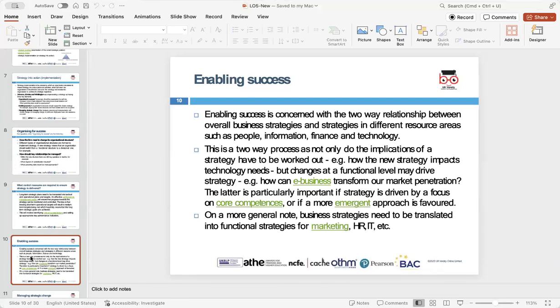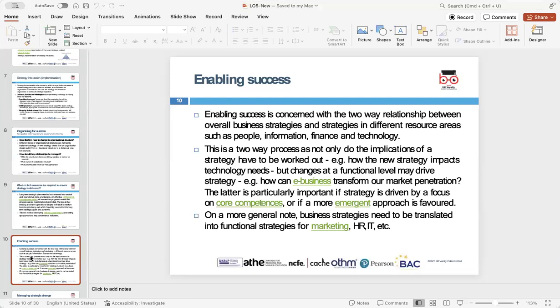At the same time, changes at a functional level, such as the implementation of new technology, may drive strategy change. So this interaction is particularly important when an organization's strategy is driven by its core competencies.